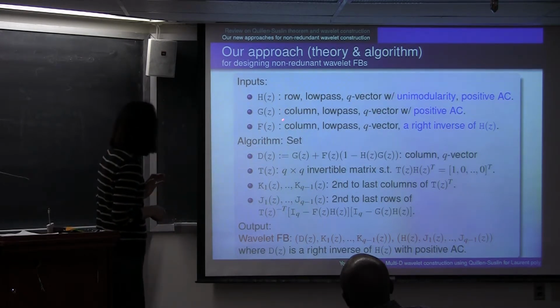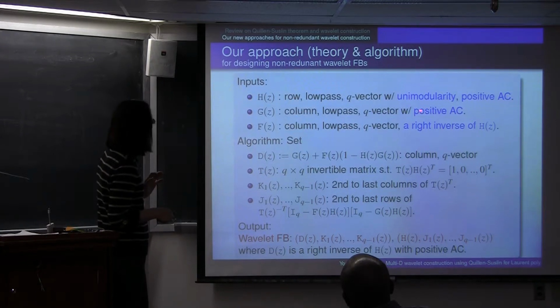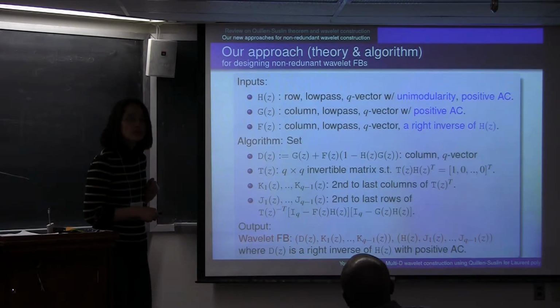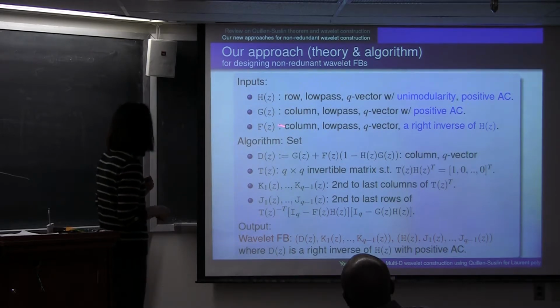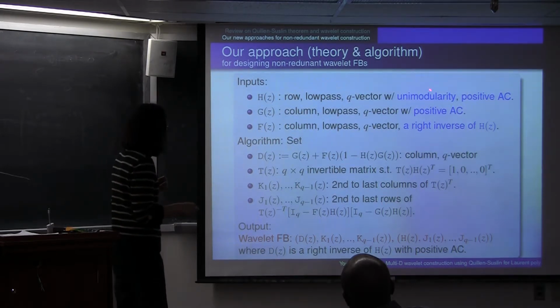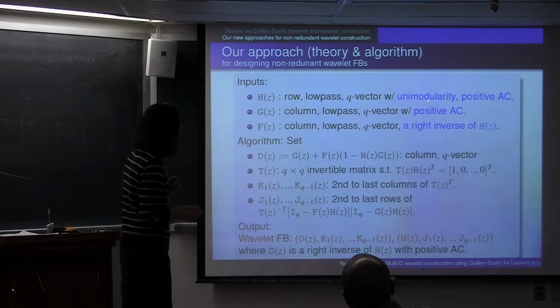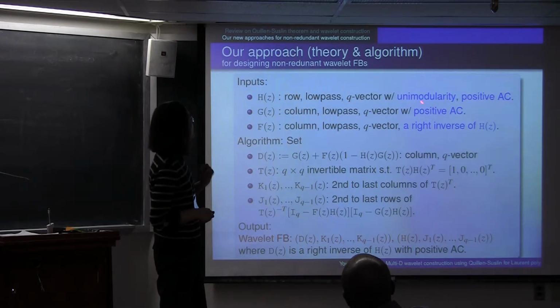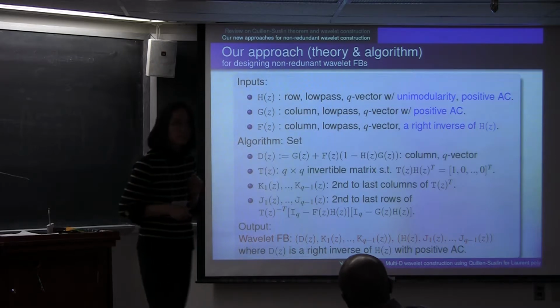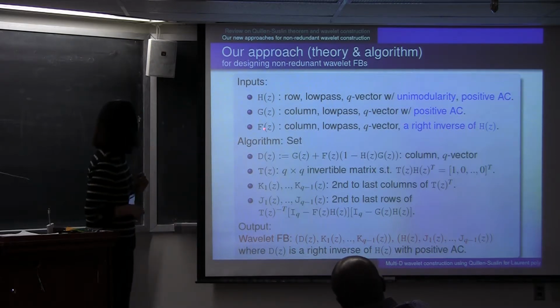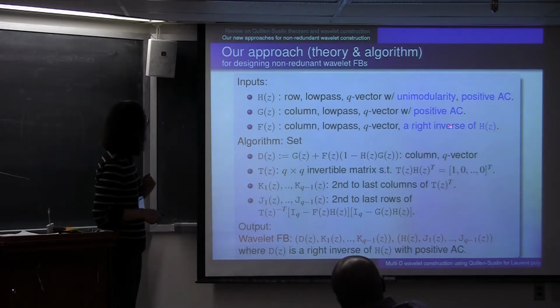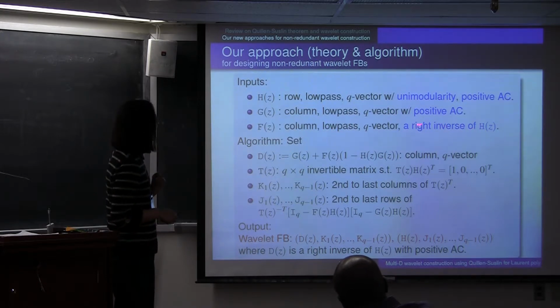And this one is a column vector with partial responsibility. It is only responsible for positive accuracy. And F of Z is responsible for unimodularity, but a little more than that. Not just unimodular, but we want F of Z to be a right inverse of H of Z.